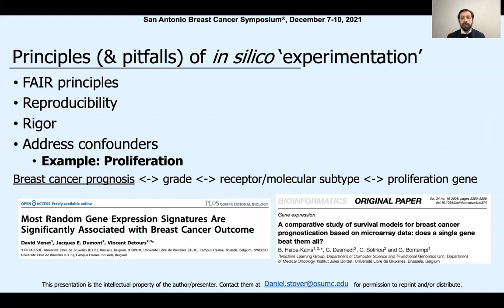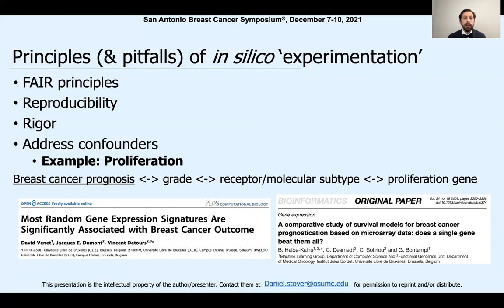We also need to address confounders. One example prominent in breast cancer is proliferation. When we think about gene expression in breast cancer cell lines, for example, comparison of a proliferating cell state versus a non-proliferating cell state is associated with changes in over 4,000 transcripts.